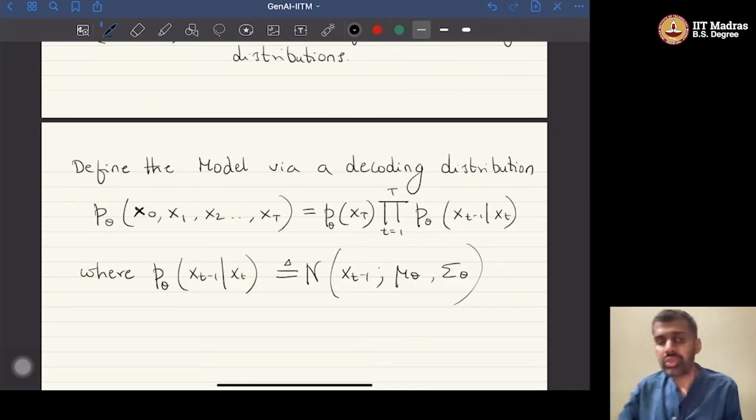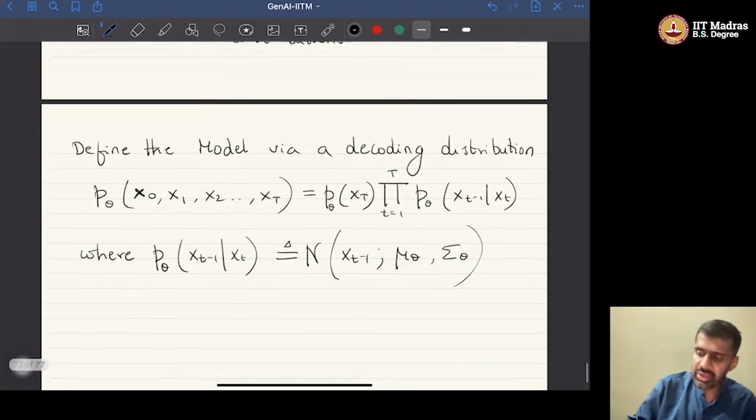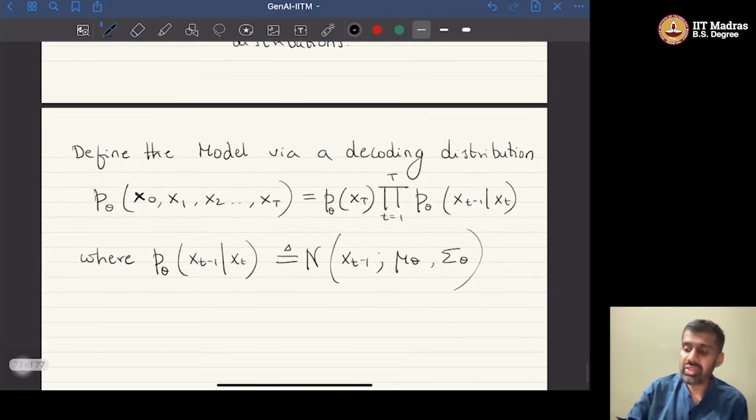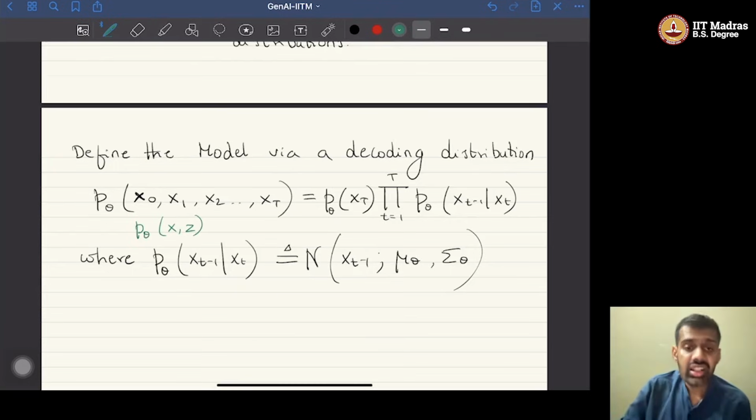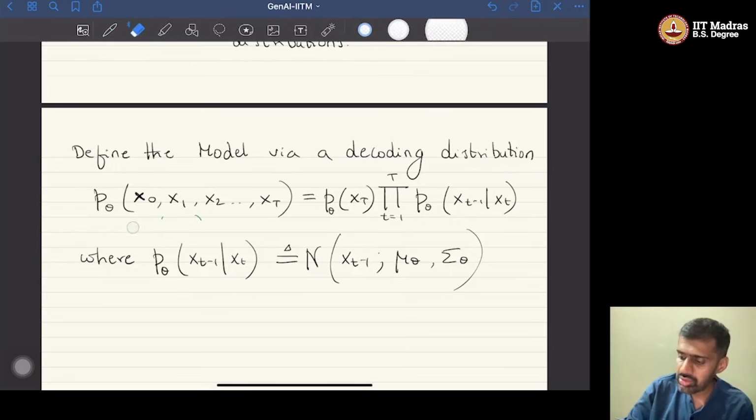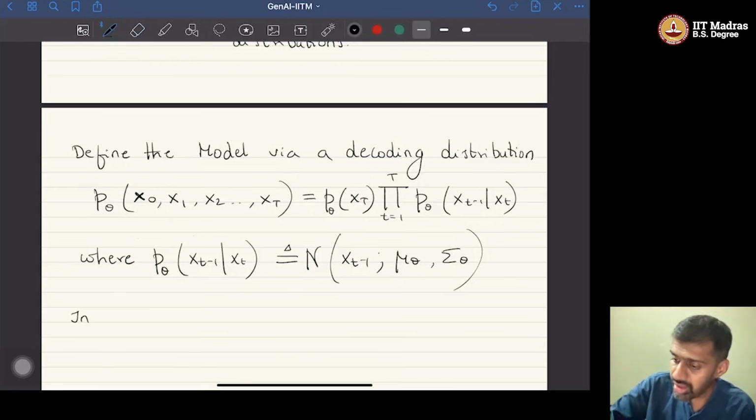Now here please note that this is actually nothing but the joint distribution between the data and the latent variables. This is very similar to p theta of x comma z in any latent variable model. Let me write that down. p theta defines a latent variable model over the joint distribution.